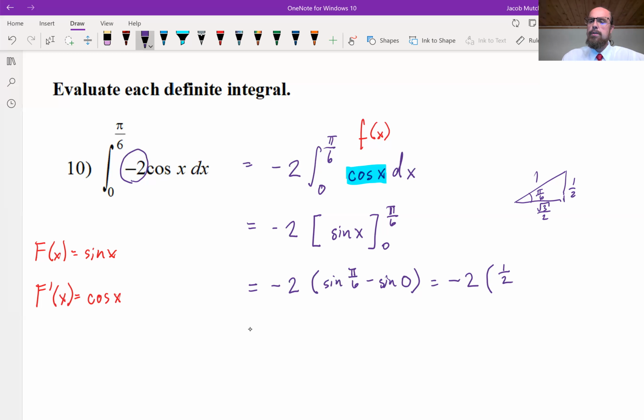Remember, sine is the vertical element over the radius, minus the value of sine at 0. It's hard to draw that triangle, but it's a flat triangle with 0 height. So the value of sine at 0 is 0. And that's going to reduce down to really -2 times half, or -1. That's an exact answer.